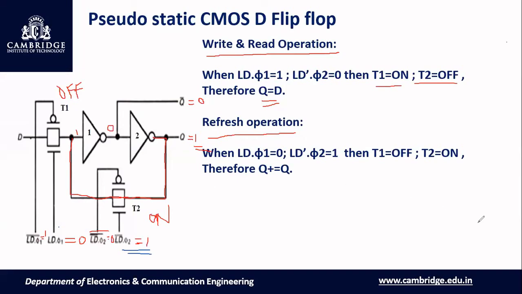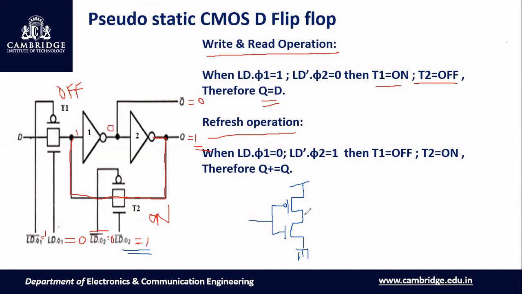It's very easy. Two inverters are connected back to back. If two inverters are connected back to back, your data will be retained for a longer duration. That is the advantage of two back-to-back inverters. Many times we have used two inverters back to back, and there I have used a symbol.